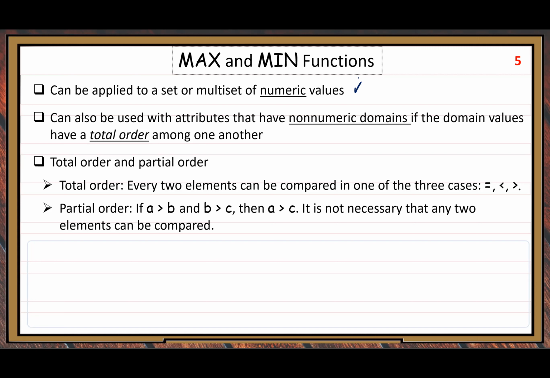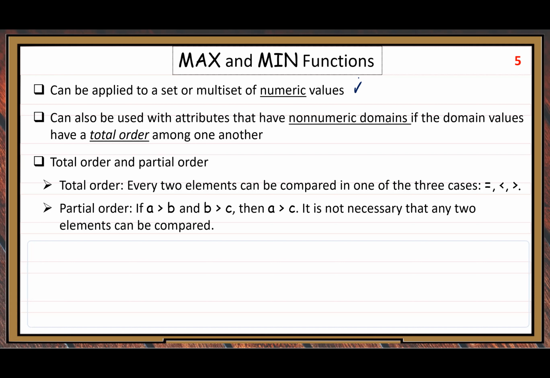But here, when you apply max and min functions, you require this total order on the domain you apply. Otherwise, it does not make sense. What is the maximum if you cannot compare? For some of the values, if you cannot do the comparison, it cannot return any value, maximum or minimum.